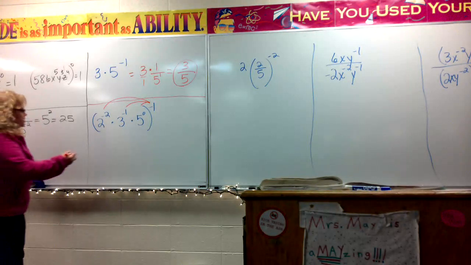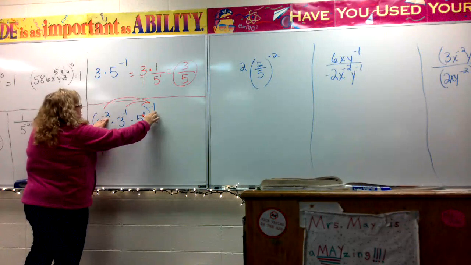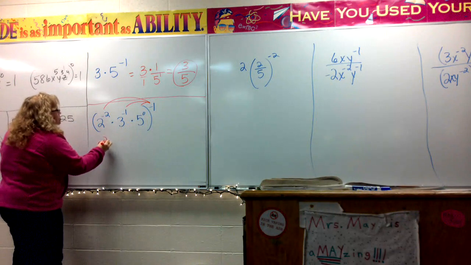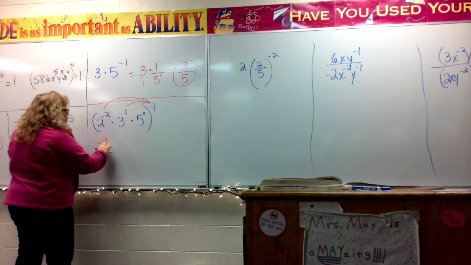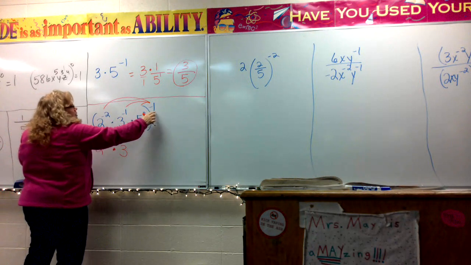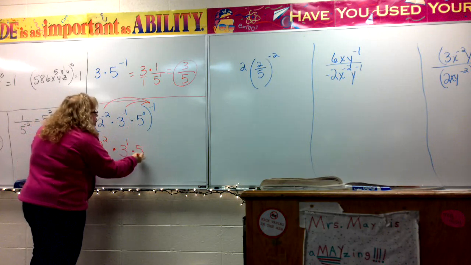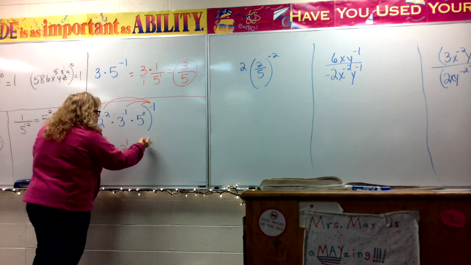Multiply the exponents. So I'm going to have 2 to the positive 2, negative 2 times negative 1, positive 2. What do I get, John? 3 to the positive 1 and 5 to the 0.